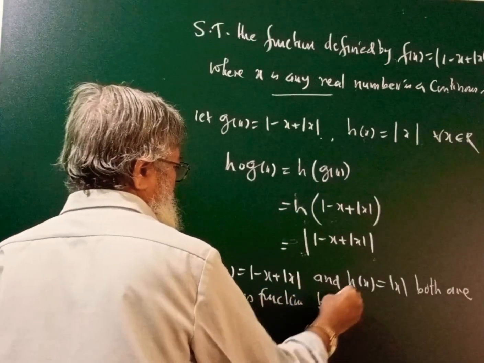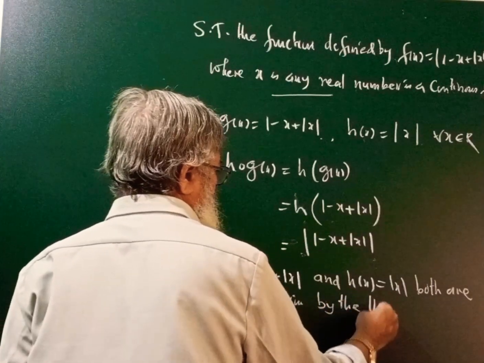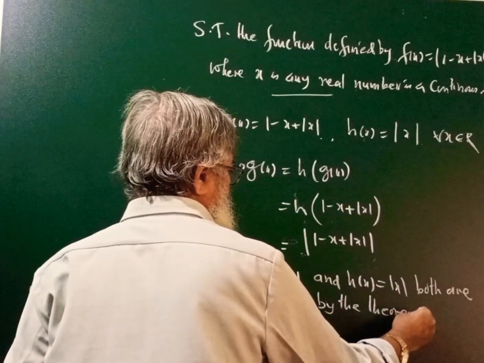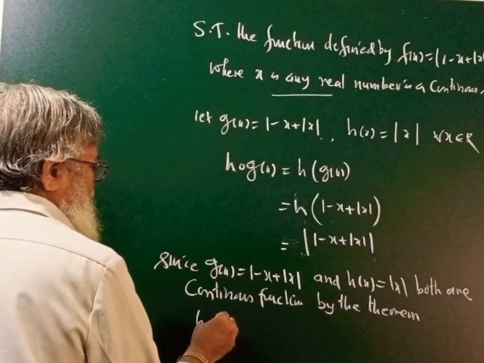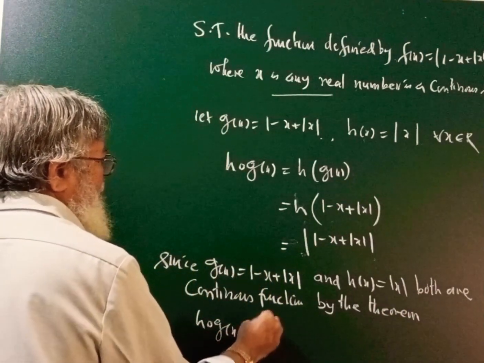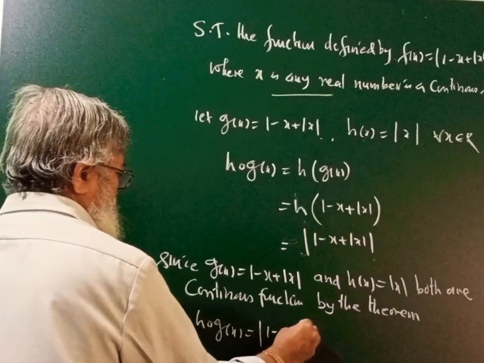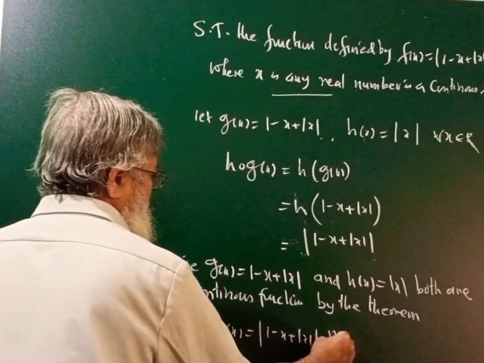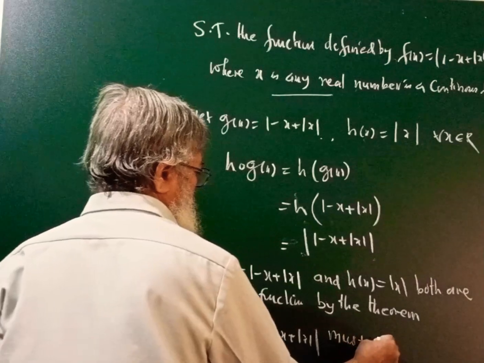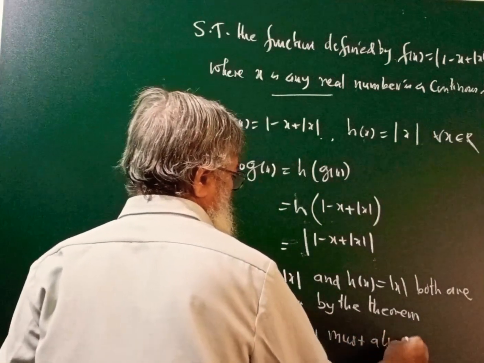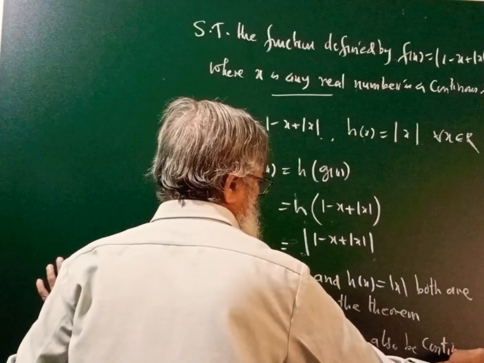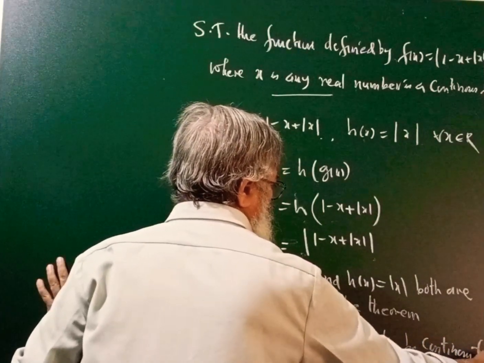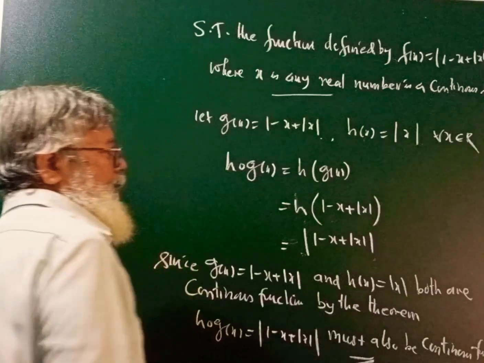By the theorem, h composition g of x, that is mod of 1 minus x plus mod x, must also be continuous.